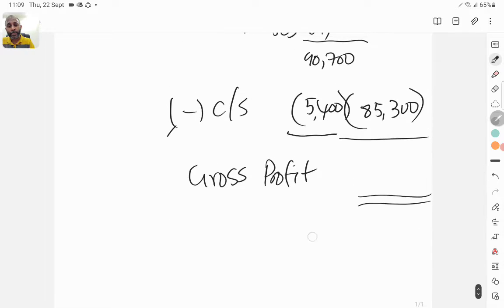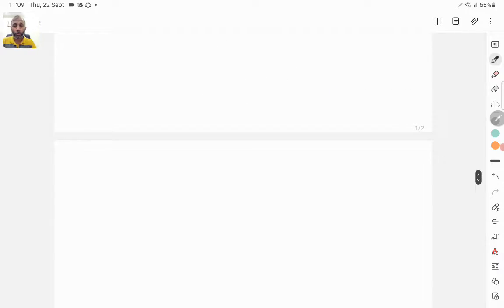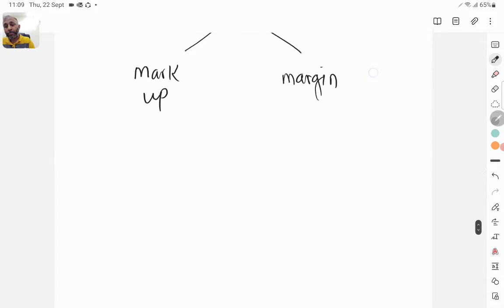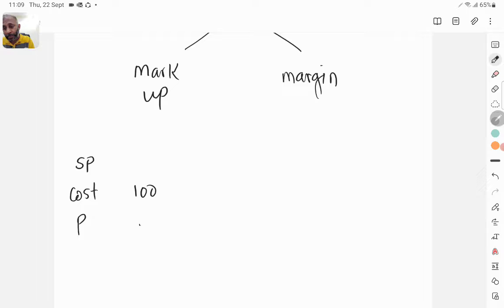Here the importance is that students need to appreciate and understand the difference between markup and margin. Markup is when you have selling price, cost, profit. When the cost is 100 and the profit is 20, that means if your profit is based on the cost, then that is markup.